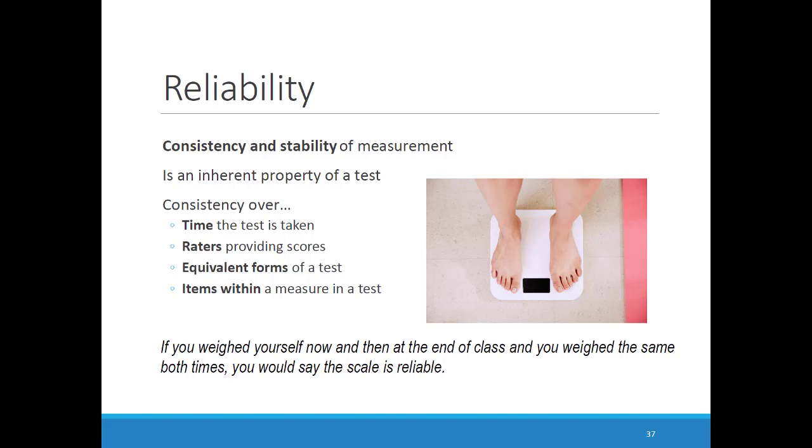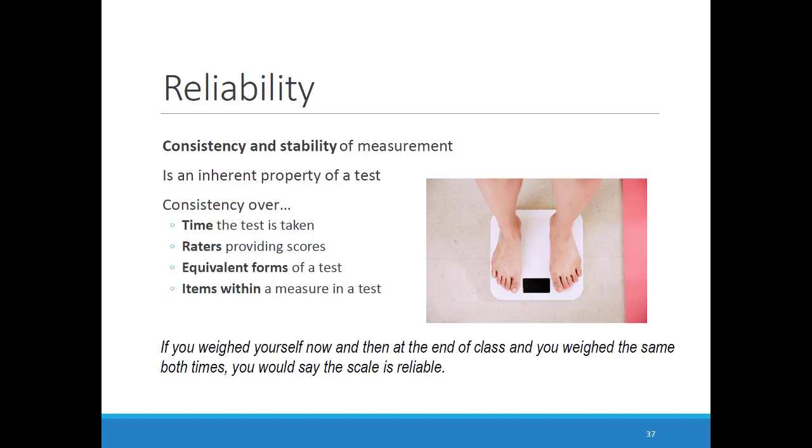If you measured yourself now and then at the end of listening to this video and your weight was different, then you might begin to suspect that the scale is not reliable. Because it's not likely that you've lost or gained weight just during the time that this video happened.